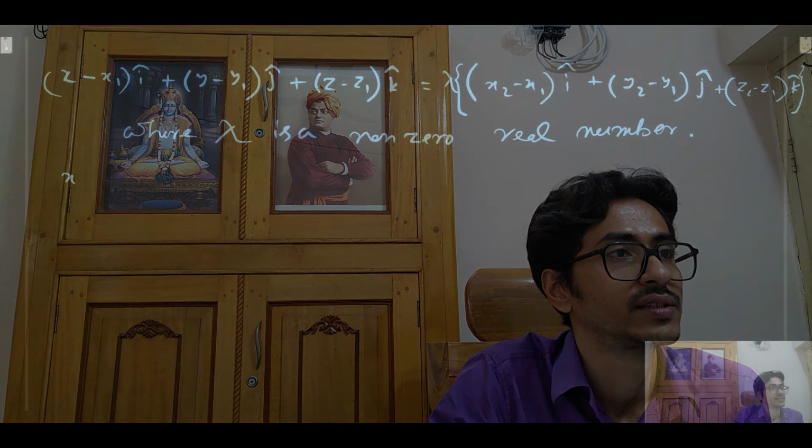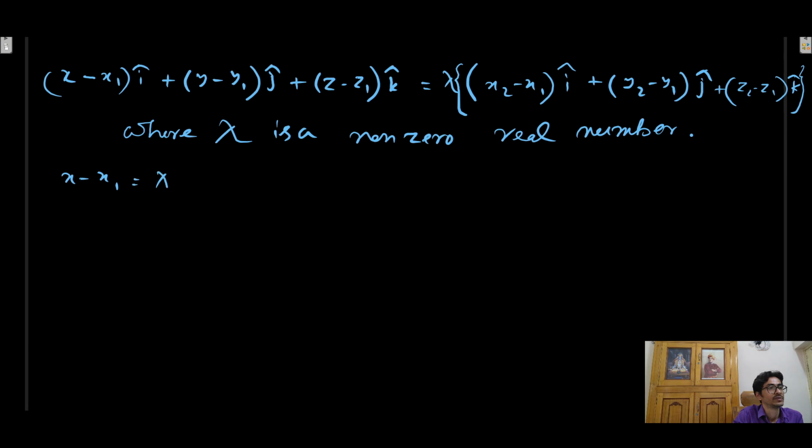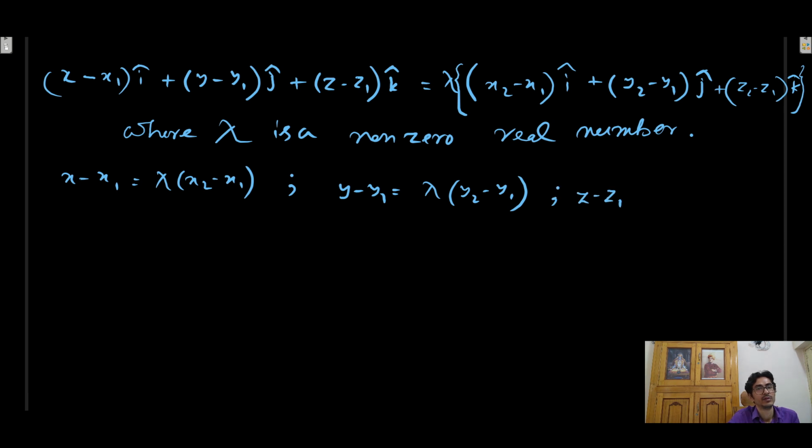From both sides we can write x minus x1 equals lambda times x2 minus x1, y minus y1 equals lambda times y2 minus y1, and z minus z1 equals lambda times z2 minus z1.